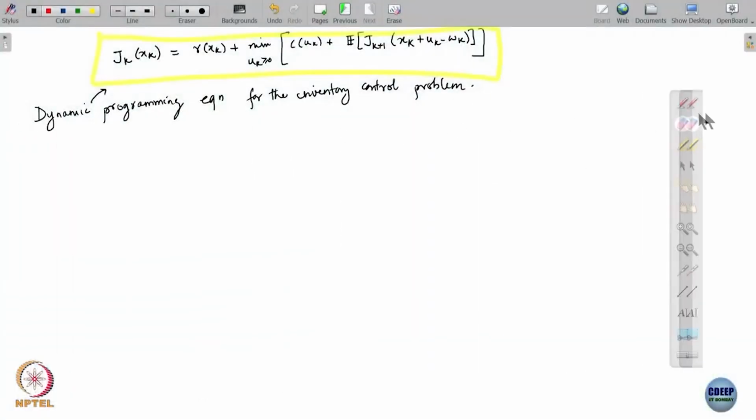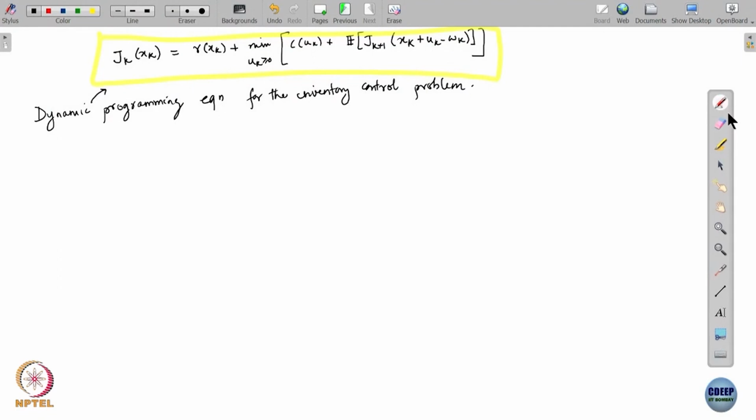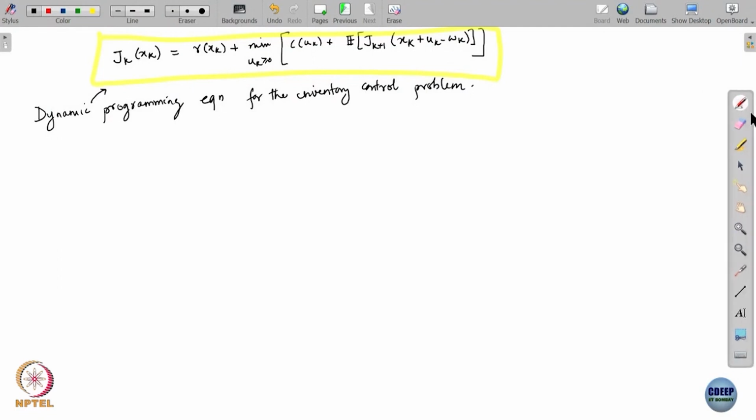This puts us in a position to state the dynamic programming theorem. I should mention the problem that we are looking at.